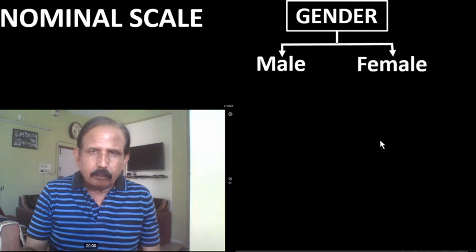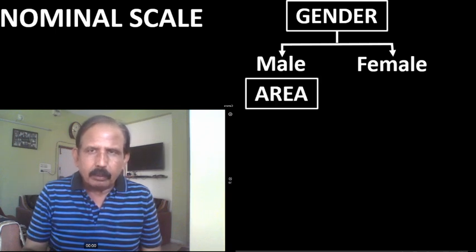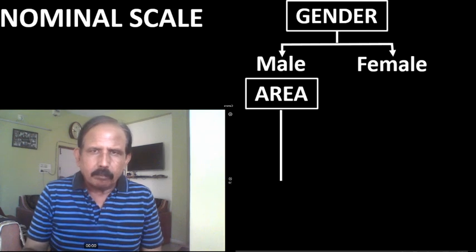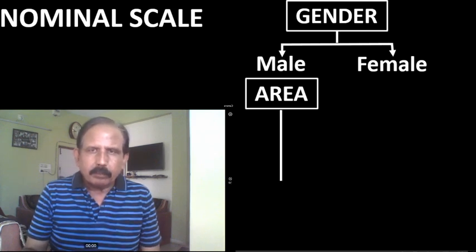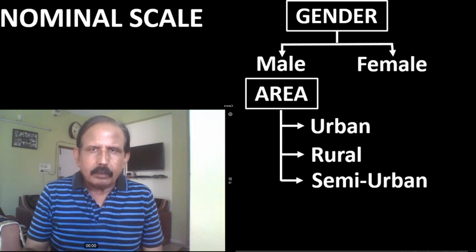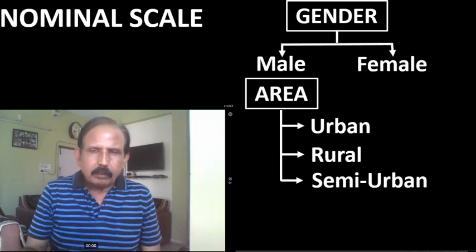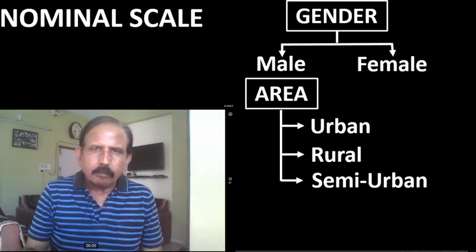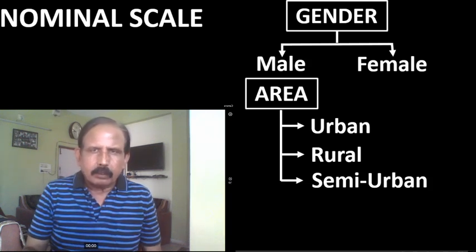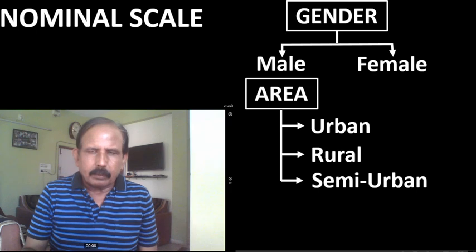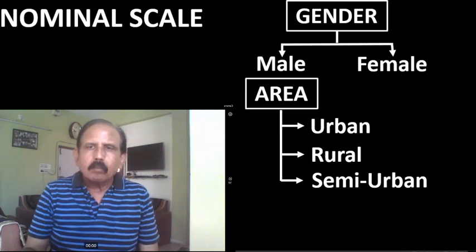The subjects placed in male cannot be placed in female, and the subjects placed in female cannot be placed in male. Another example of the nominal scale is area. On the basis of area, we can divide the subjects into three mutually exclusive categories like urban, rural, or semi-urban. These three are mutually exclusive because a subject placed in any one of these categories cannot be placed in the other two at the same time.